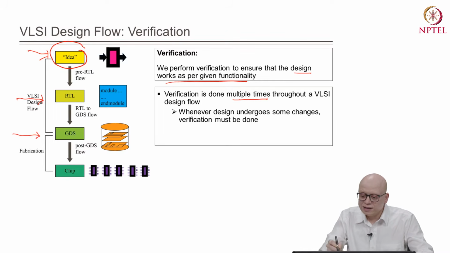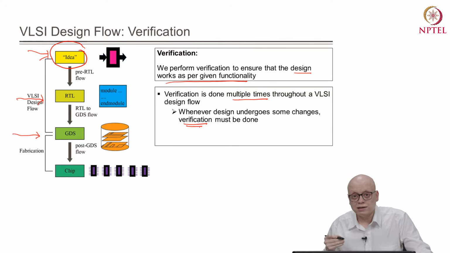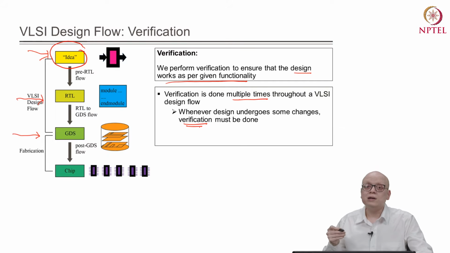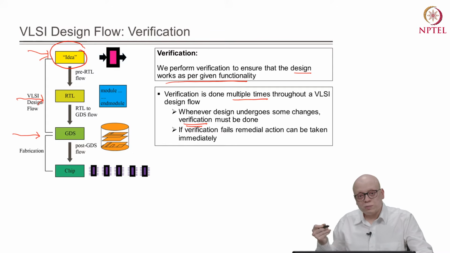So, whenever the design goes through some non-trivial changes, we must verify that the change is correct and the design is still behaving correctly or delivering the required functionality. And we need to do it multiple times because we want to catch an error or a problem in our design as soon as possible.